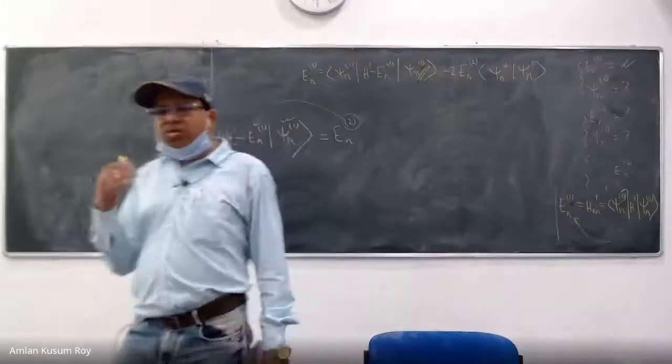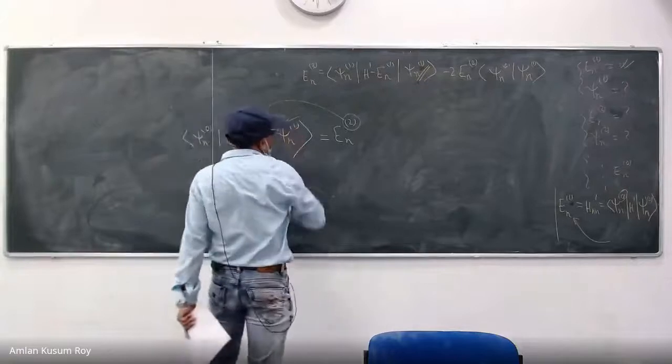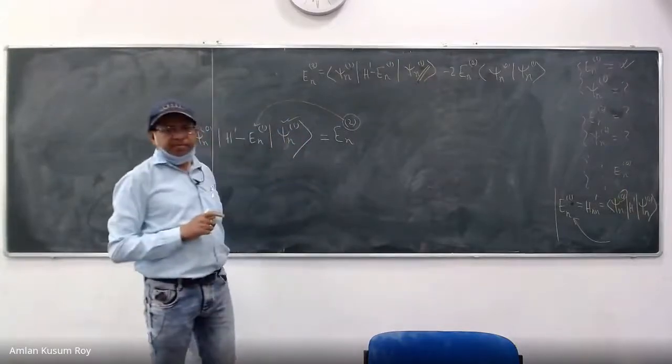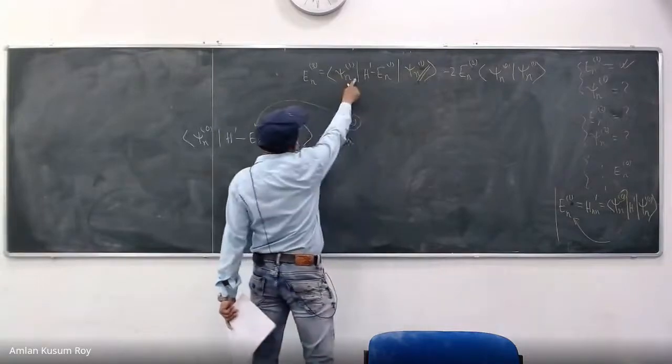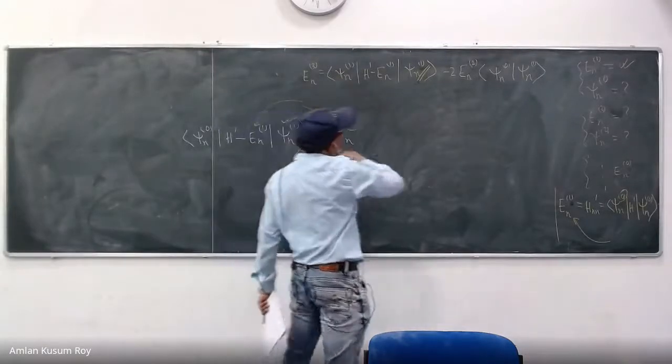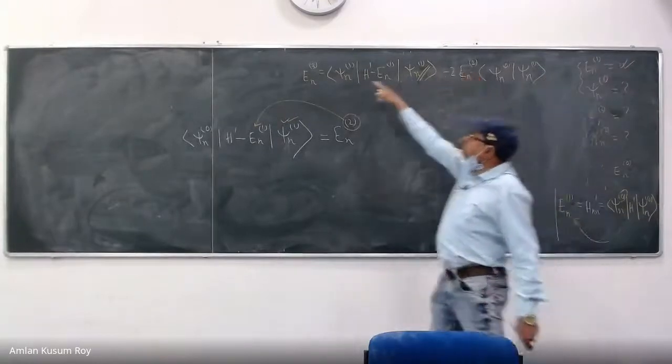But the moment I go to the second order energy, I need information about the first order wave function, right? But once I get that, I also see from this equation that the first order wave function is sufficient to give me energy correction up to the third order.